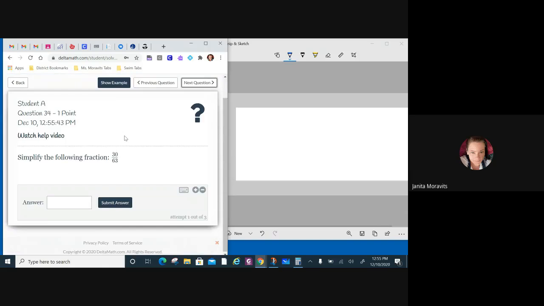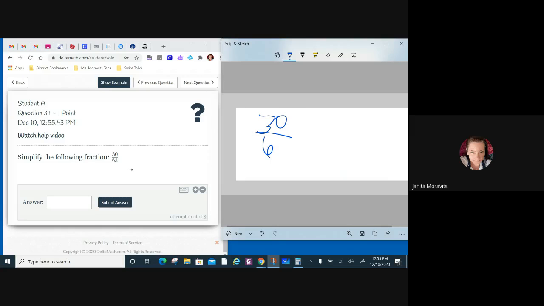All right, question number 34. Simplify the following fraction, 30 over 63. All right, so let's just write 30 over 63. What do you recognize immediately that you could take out of both of those?